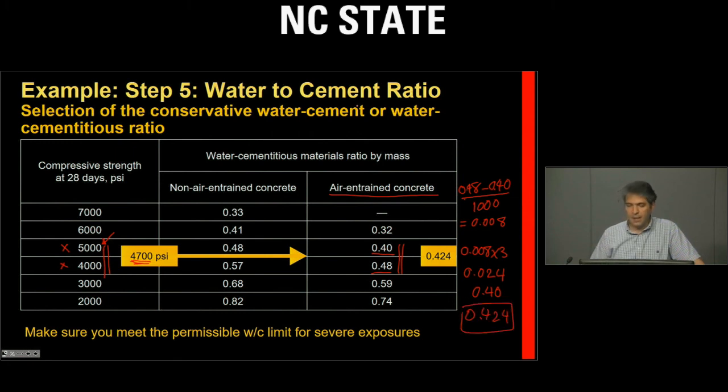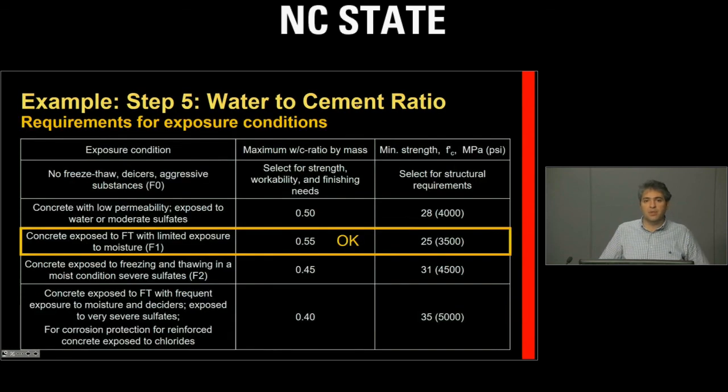Now, I probably have skipped this a little bit, but you can figure this out very easily. Because the difference between the left column strengths is 1,000 psi, it is very easy to calculate that number and do that adjustment. All right. So we figured out what the water-cement ratio is. Again, the take-home over here is that this is the required compressive strength, not the specified compressive strength.